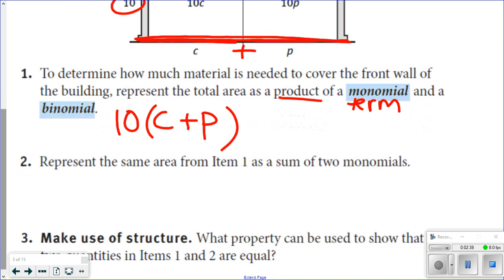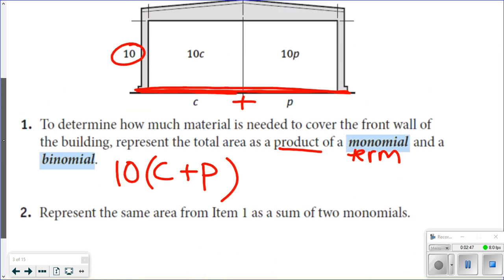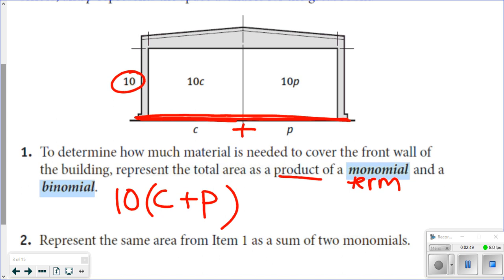Represent the same area from question 1 as a sum of two monomials. So if you're looking, the area of this part of the office is 10 times C, which is 10C. That's a monomial.